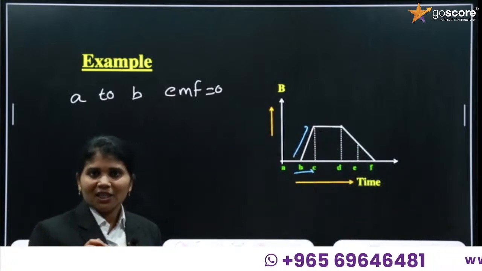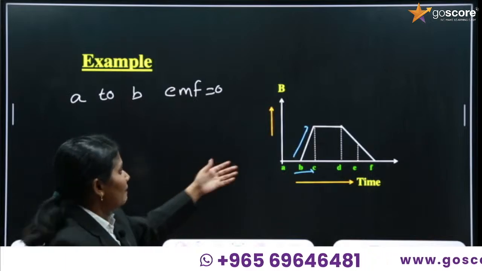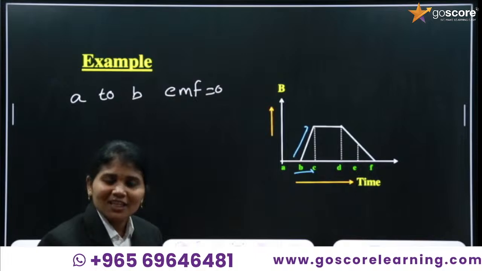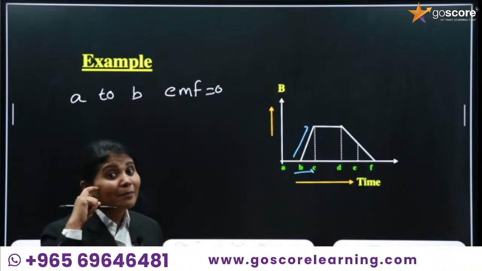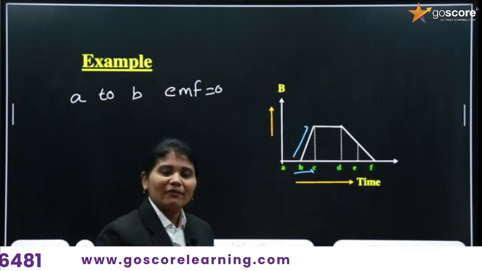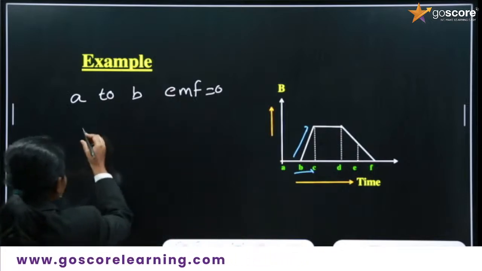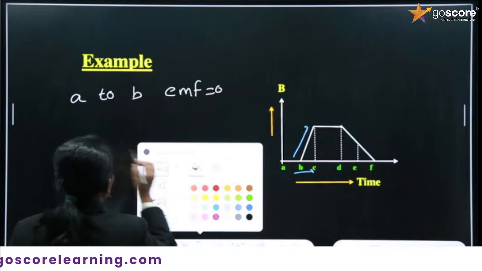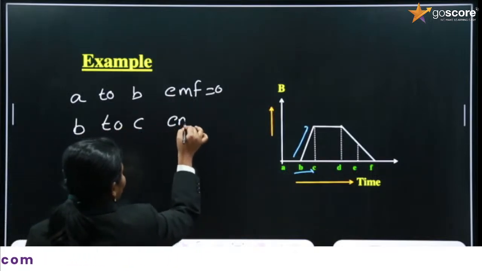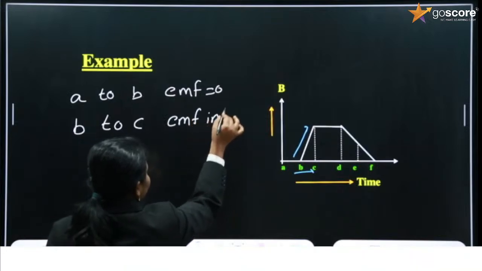Change in flux induces the EMF. Here the magnetic field is changing, which means flux is also changing. There is a change in flux, so EMF is produced. It means B to C, EMF is induced.